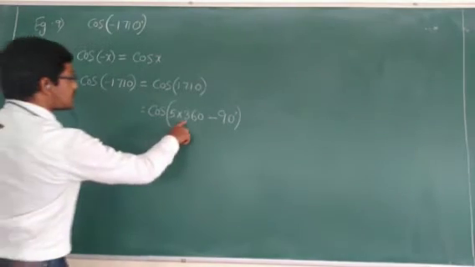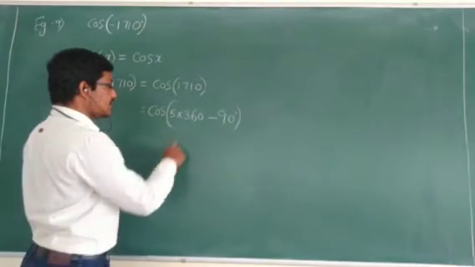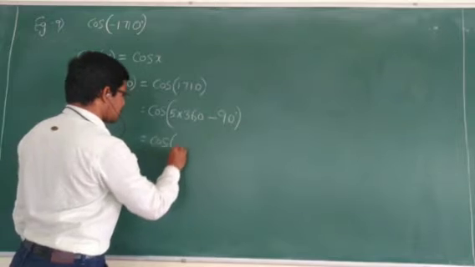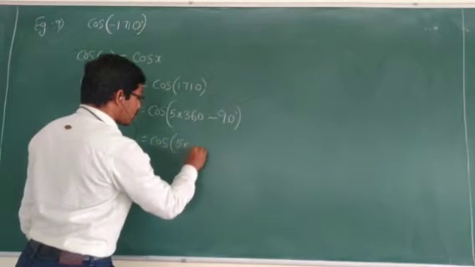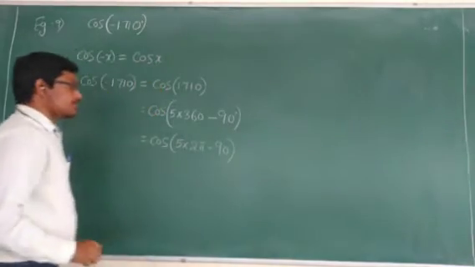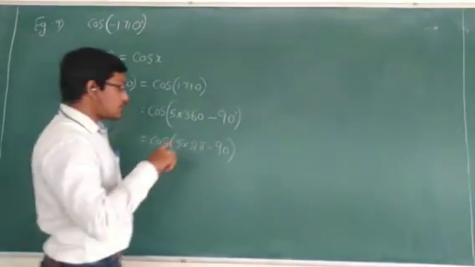We are writing in terms of 360 because 360 means 2 pi. So this is nothing but 5 into 2 pi minus 90. 5 into 360 will make 5 complete revolutions.